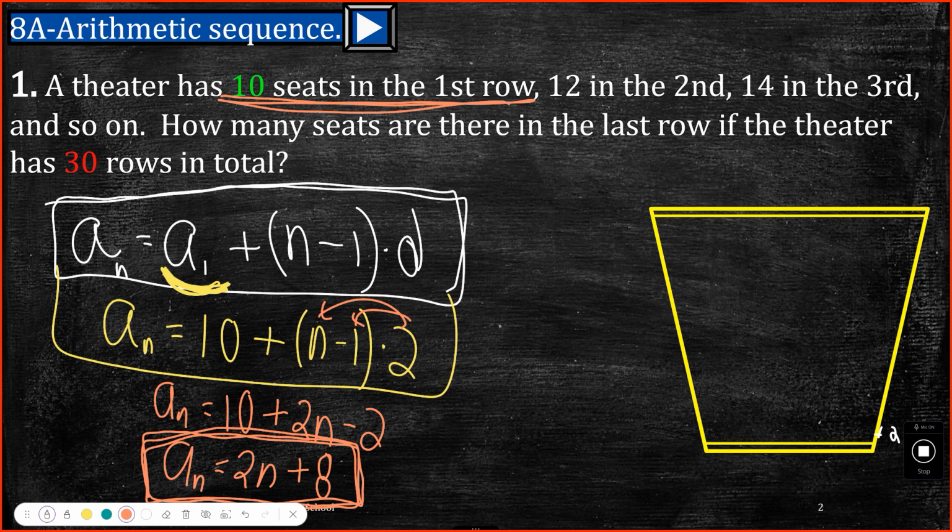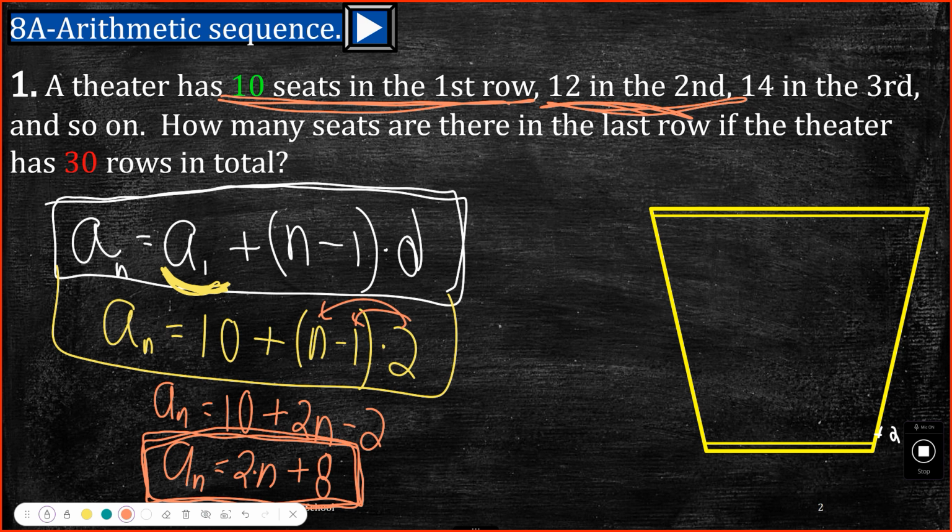So when I say A sub 1, n is 1, A1 is going to equal 2 times 1, which is 2. And what is 2 plus 8? 10. So it works out. Will it work for the next one? Yes, it will. In the second row, n is 2. How many seats are there in the second row? 12. So if I go A sub 2, 2 times 2 is 4. What's 4 plus 8?